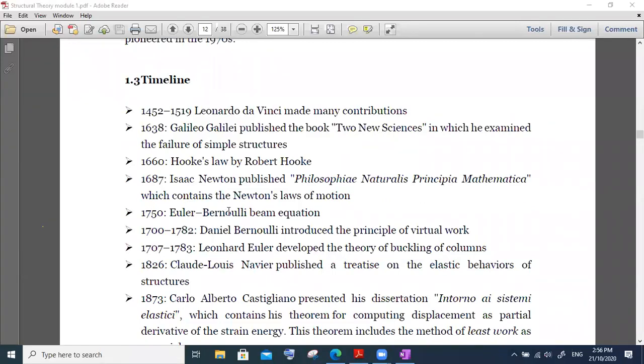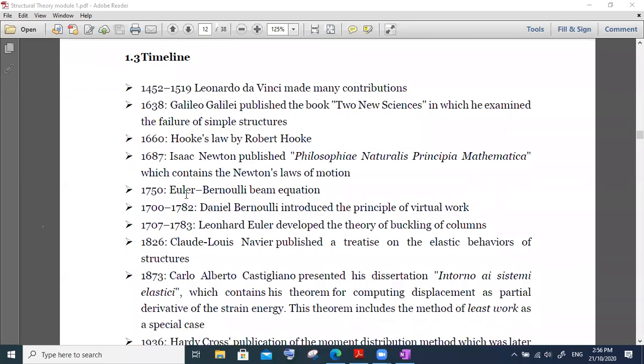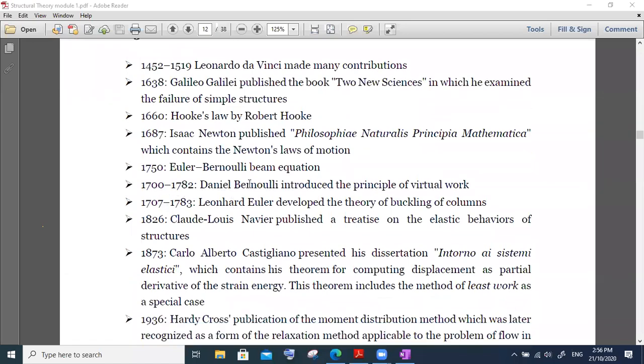We already discussed this in our deformable bodies class. Isaac Newton published the Philosophiae Naturalis Principia Mathematica, which contains Newton's laws of motion. So we already know the three laws of motion by Newton. In 1750, the Euler-Bernoulli beam equation was developed.